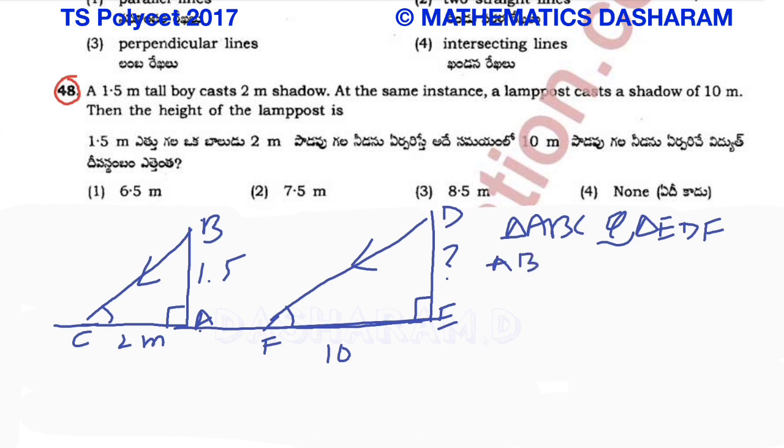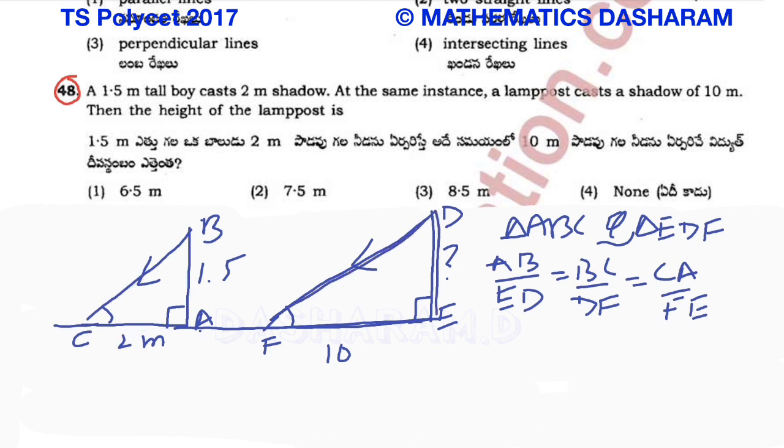So AB divided by ED, BC divided by DF, CA divided by FE. Here the order of the vertices is very important. First name ABC, then second name EDF.